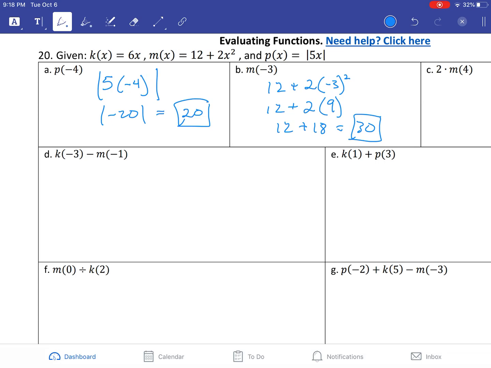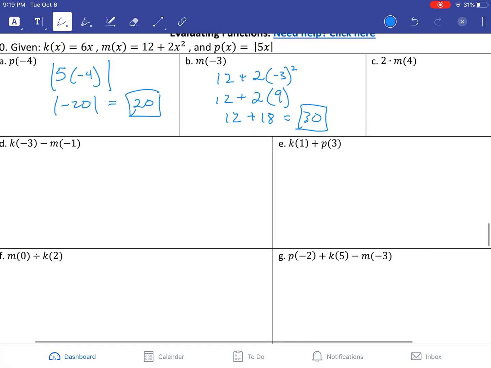If you're doing this in your calculator, make sure you put the -3 in parentheses before you square it. If you don't put it in parentheses and you square it with a -3, it's going to give you -9, which is incorrect. You've got to make sure you put that negative number, and actually you should just, as a habit, when you're doing these types of problems, the number that you're putting in should always be in parentheses when it gets into the equation, into the function.